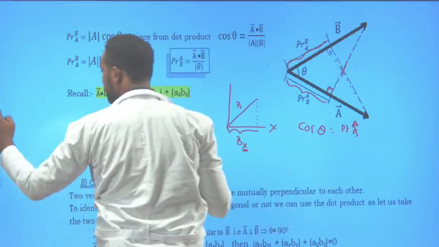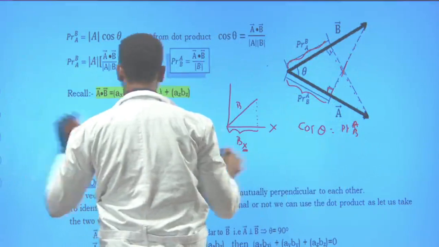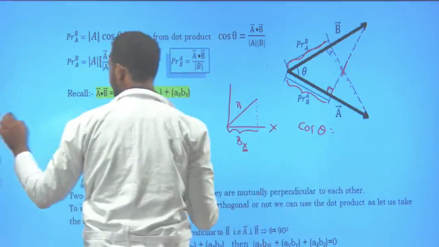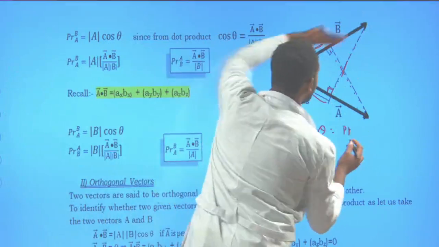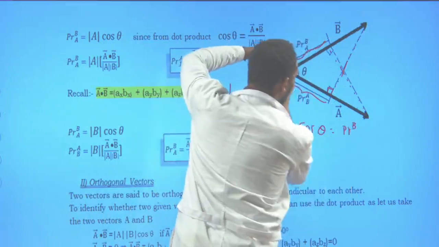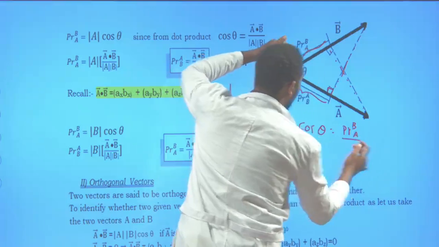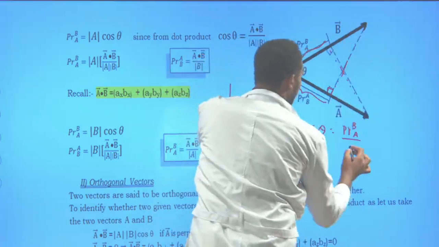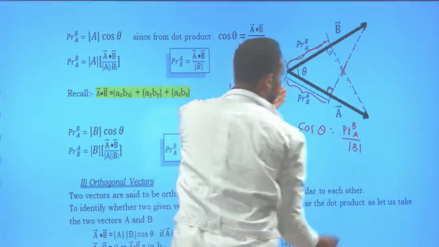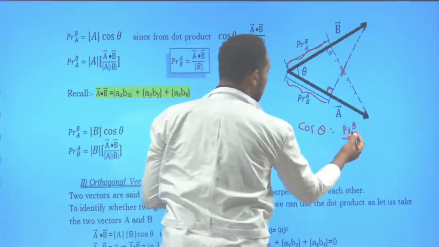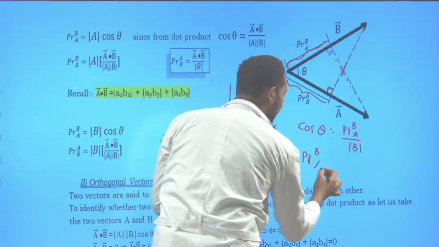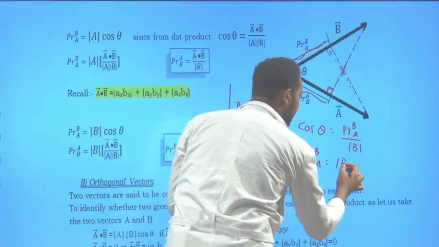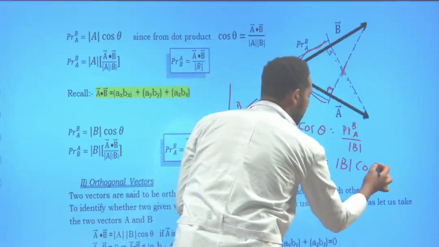The projection of vector b, this is the vector b, onto a, over the magnitude of vector b. Okay? It's possible to find the projection of vector b onto a as the magnitude of vector b cosine of theta.